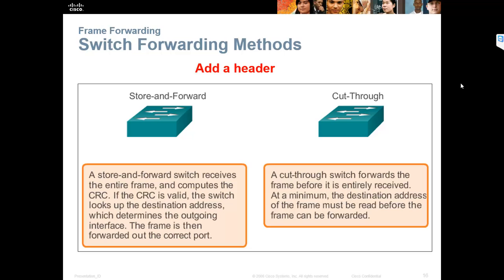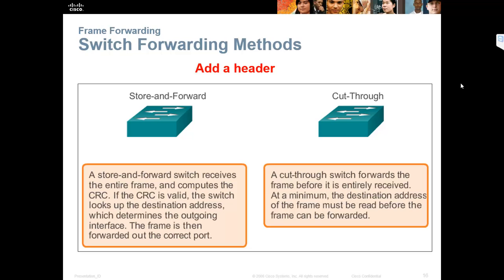So we run it and then see that the number we get is the same as the number that's in the data. If it's the same as the number that's already in the data, then we can assume it's valid because the two numbers match up. And the probability of two pieces matching up that don't contain the same data is very, very low. So once we've computed that, we assume it's a good frame and we forward it to the correct port.